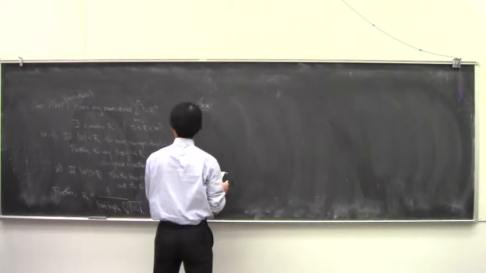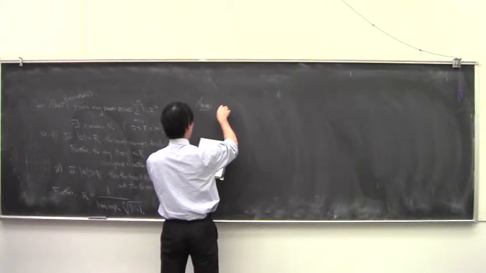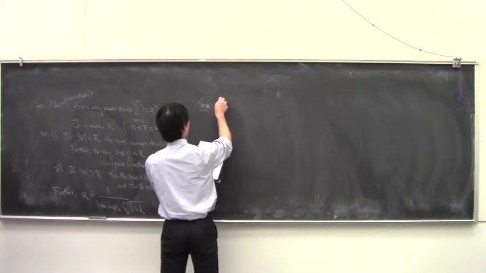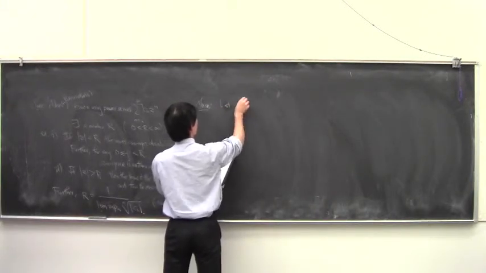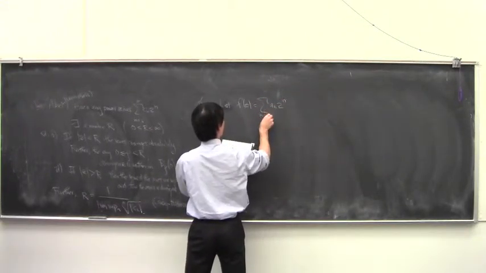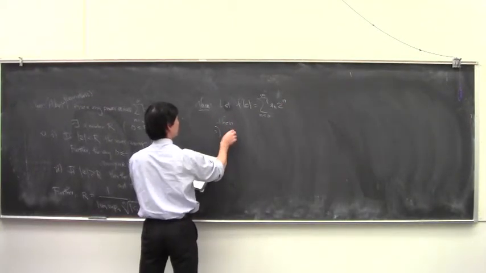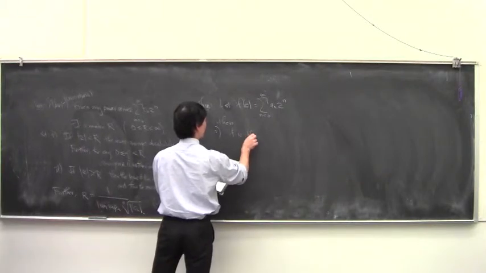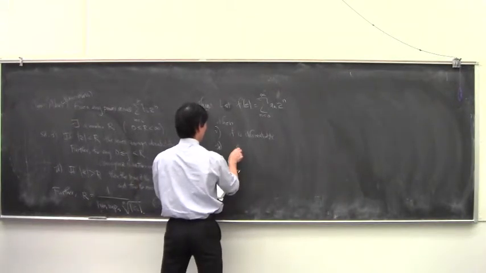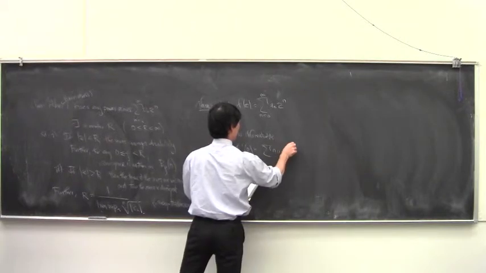So as a consequence of Abel's theorem, we have this theorem about termwise differentiation, which is actually pretty trivial. So let f of x be a power series, then one, f is differentiable, two, f prime is the summation of n a sub n x to the n minus 1.